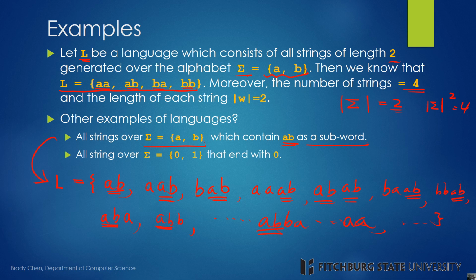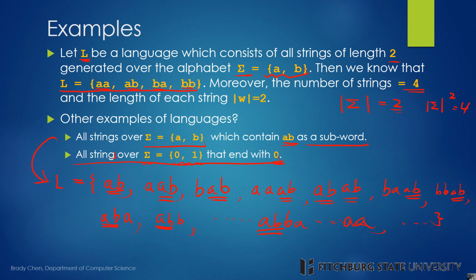Okay, so that's the second example. Here, I'm not going to spend much time on this, but I gave you some time to work on it. So let's create a language which contains all strings over sigma. Now the sigma contains two alphabet symbols, 0 and 1, that end with 0.